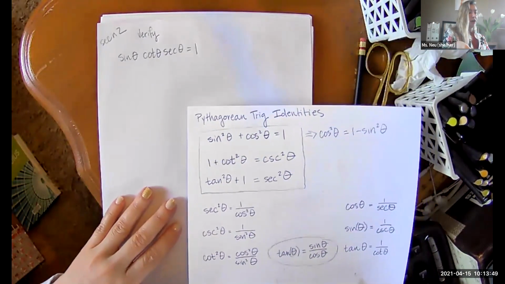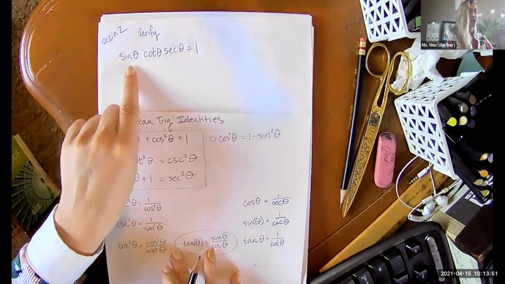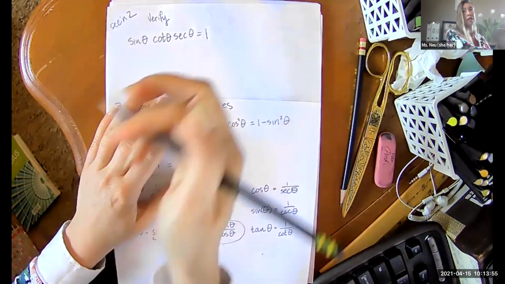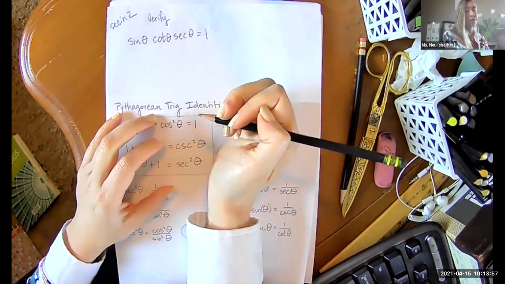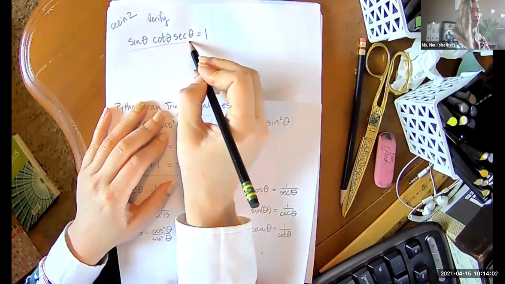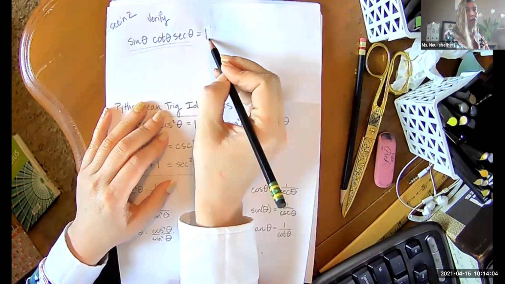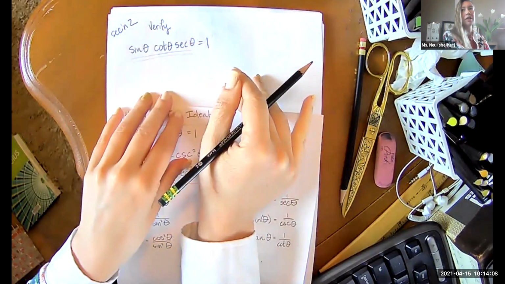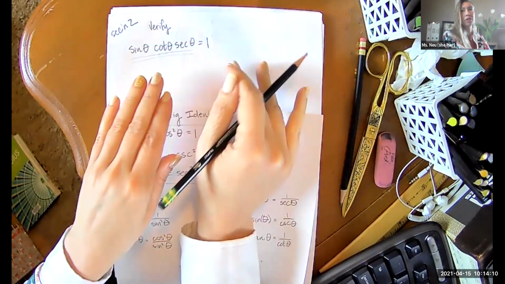So they want you to verify that this is true, that this thing equals 1. So here's the trick with these. What I like to do personally is only work on one side of the equation and get it to look like the other side. You can work on both sides of the equation to get them to equal each other.